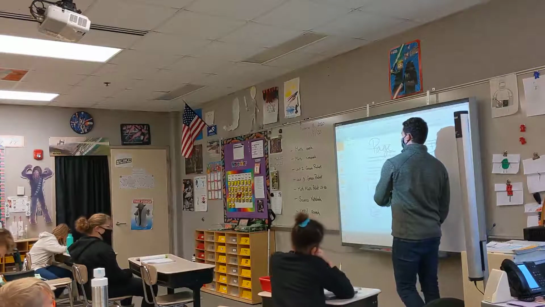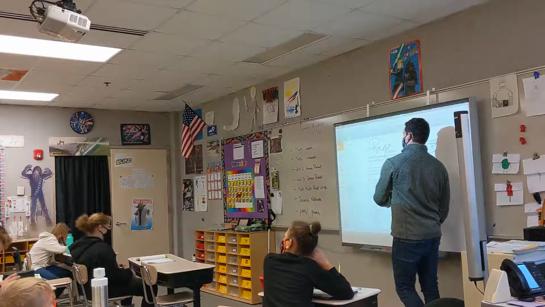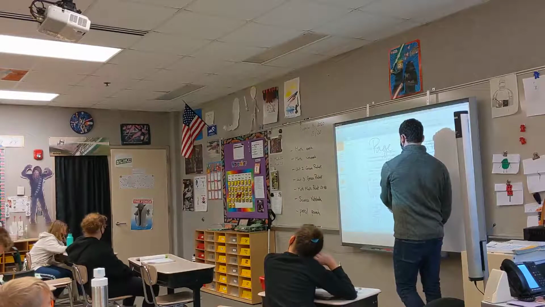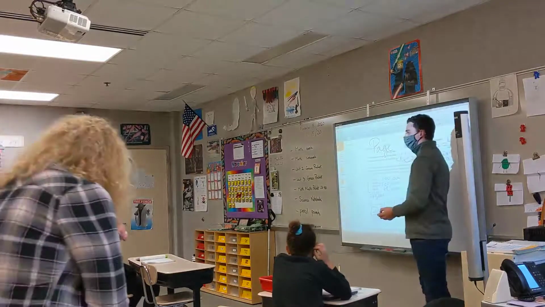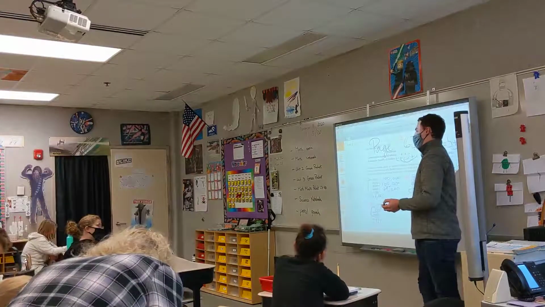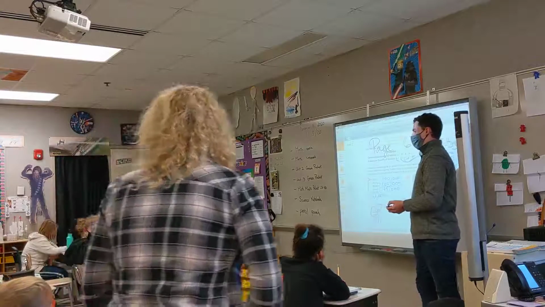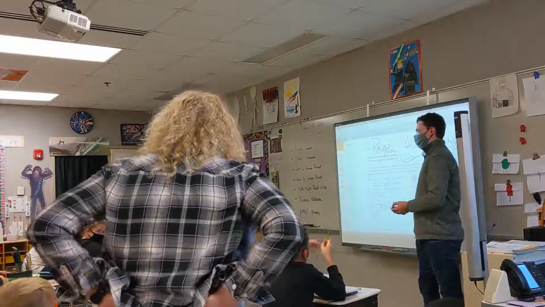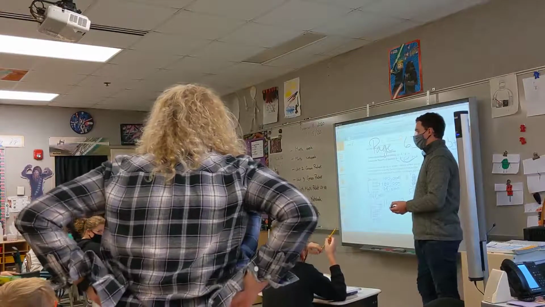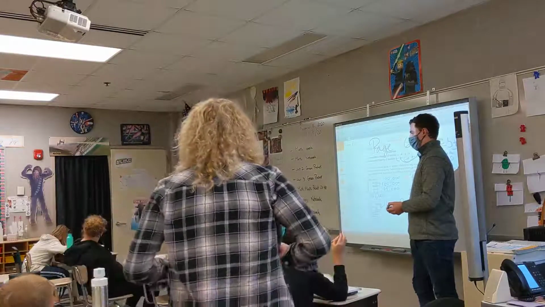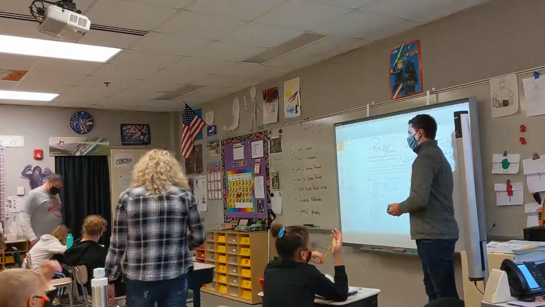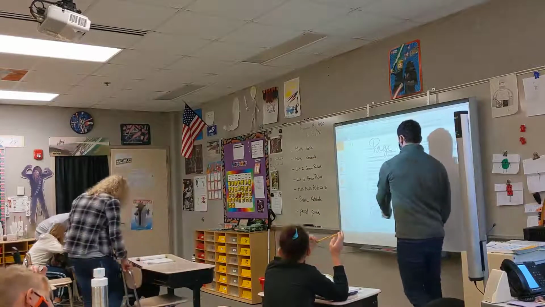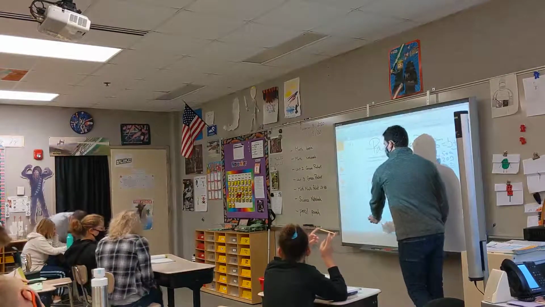So what's 11 plus 11? 22. 22, right? And then you add the 5.17 to it, and that will give you your answer. And that's where the 27.17 comes from.